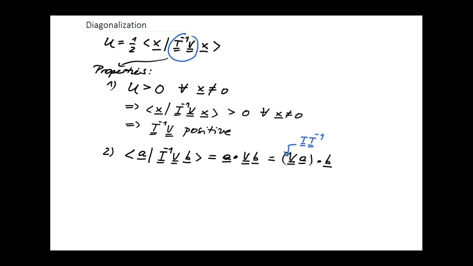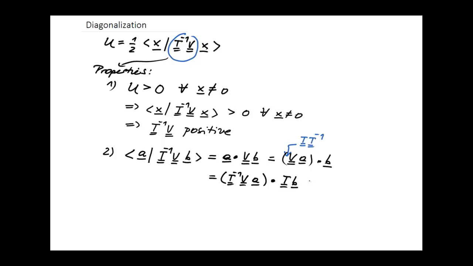So the matrix T we can take back on the right-hand side in front of the vector B. So we can write that then as T minus 1 V A ordinary scalar product with T B.